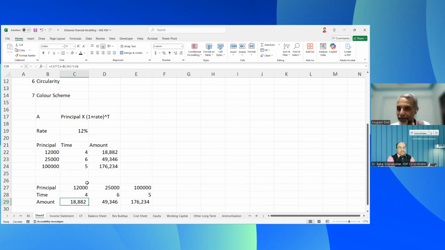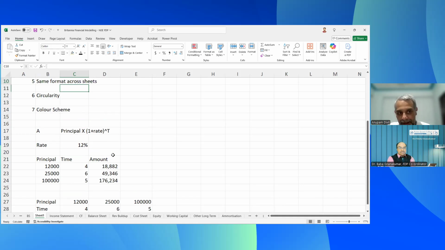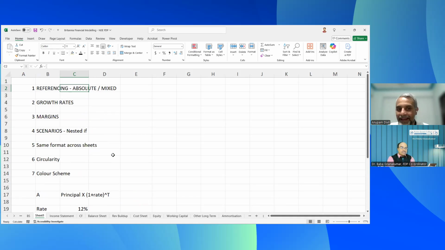Once we understand where to put the dollar, things become very easy for us, right? So if I have to copy the formula down and I have the same reference cell for one of the values, I will fix the row. If I have to copy it to the next column, I'll fix the column, right? So one of the key things when we do modeling is this absolute and mixed referencing.